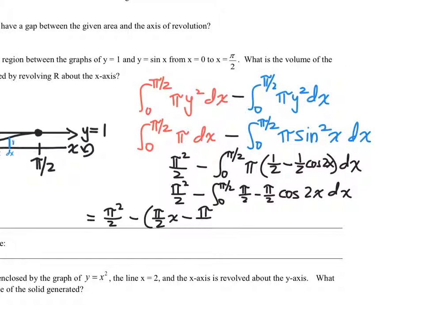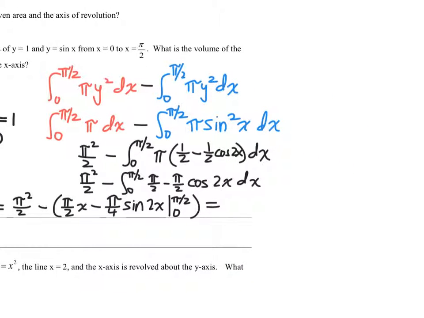Pi over 4 sine 2x on 0 to pi over 2. We just have to clean that up a little bit. The good news is the 0 part is irrelevant because that's going to 0 out on the inside. So we're going to have a pi squared over 4. So pi squared over 2 minus pi squared over 4.